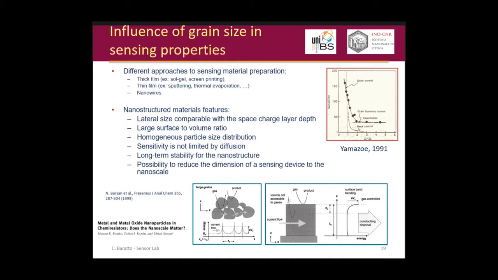So when the diameter of your grain is similar to the Debye length of your material, you will have a switching between a completely depleted material and a conducting material, and you have a detection effect which is very high. So this was demonstrated for polycrystalline materials, and the problem with polycrystalline materials is the stability of the material, since all metal oxides must be used at high temperature.